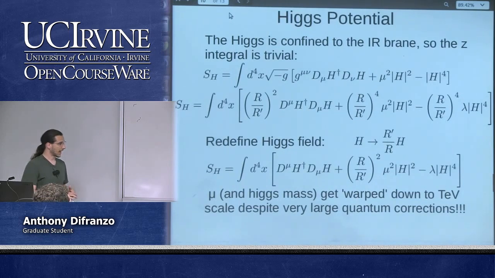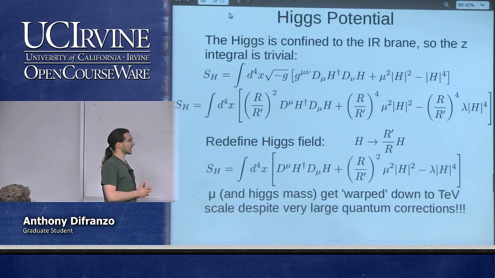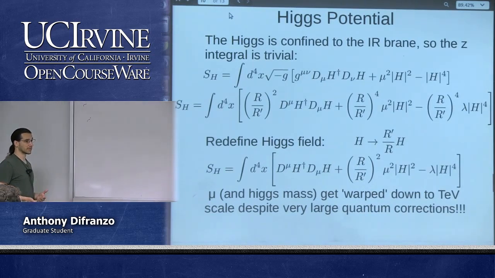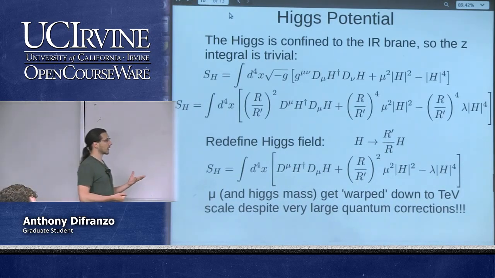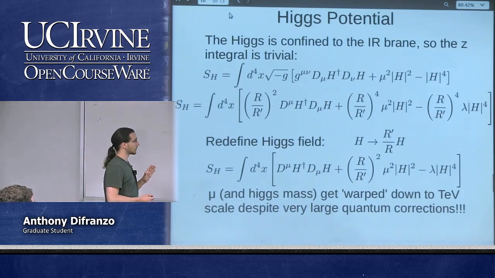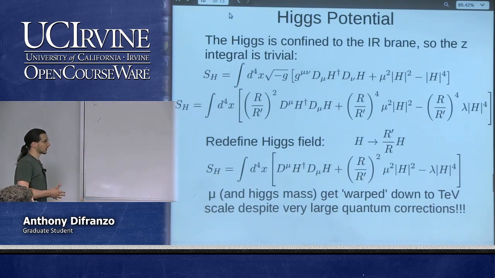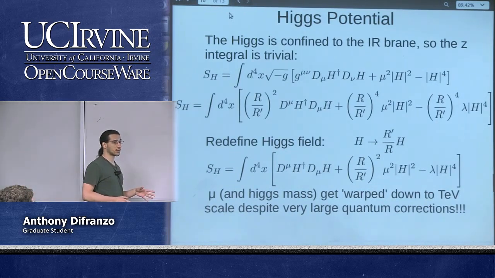Okay, so that's half of the problem. The other part of the solution is going to come from actually looking at the Higgs. So we know that just looking at gravity alone is not enough to see that the problem is solved. We need to see what happens at the IR brane for Higgs and other particles. So as I said before, all the standard model particles are fixed to the IR brane.